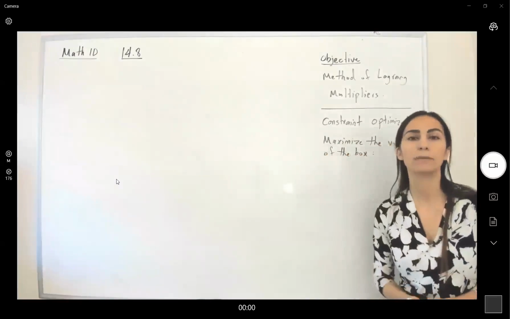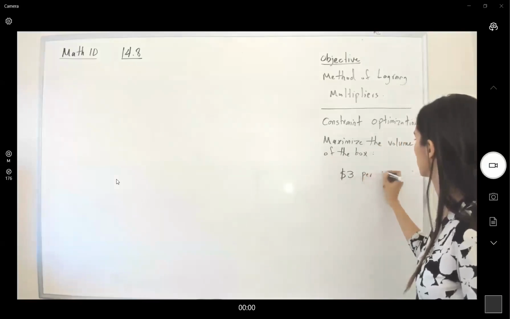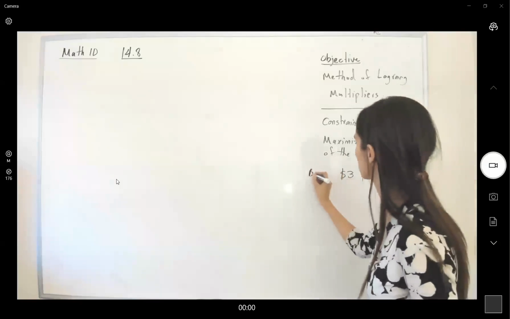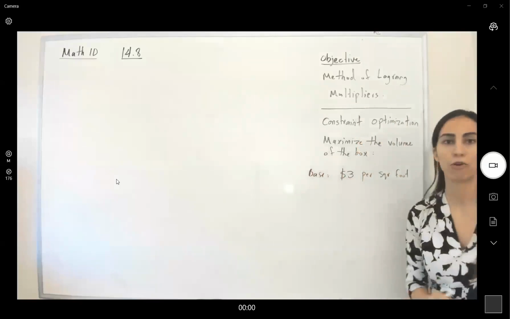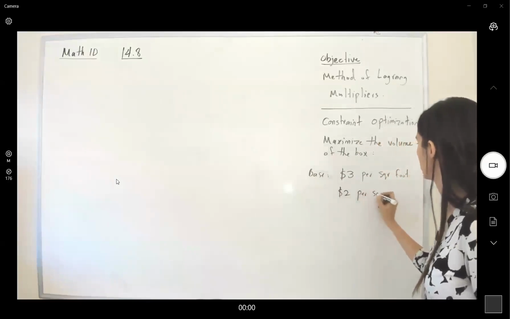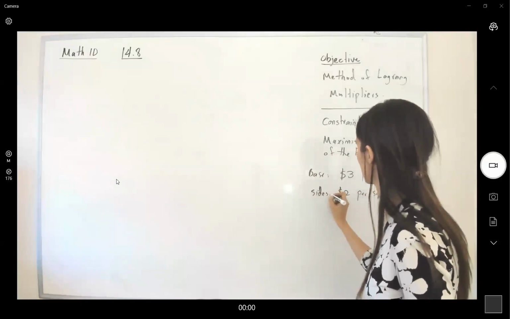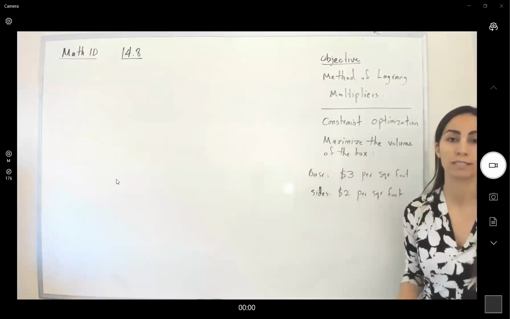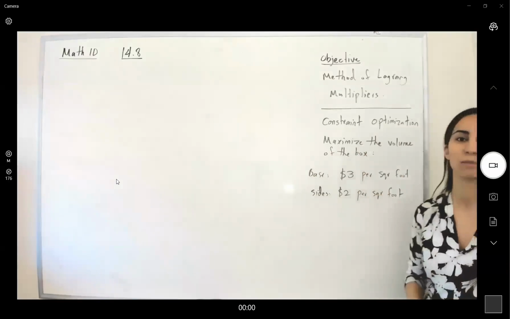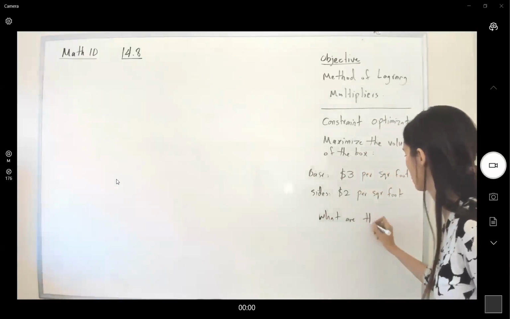And you can only pay, for example, $3 per square foot for the base, and you can only pay $2 per square foot for the sides. Question is, what is X, what is Y, what is Z that actually gives me the maximum volume? What are the measurements?